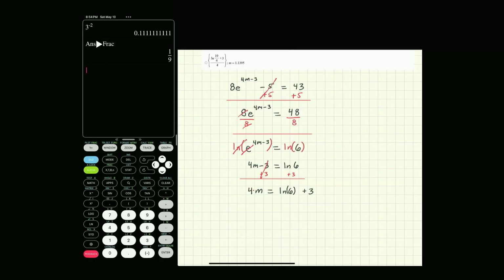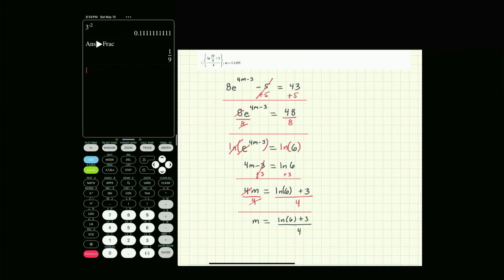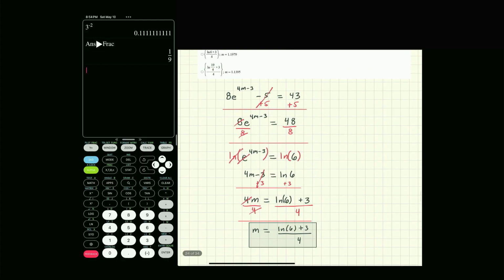Last step here is to divide by 4. So we've got m equals natural log of 6 plus 3 over 4. And which answer choice would that be?